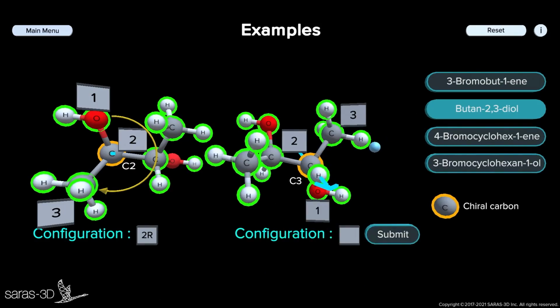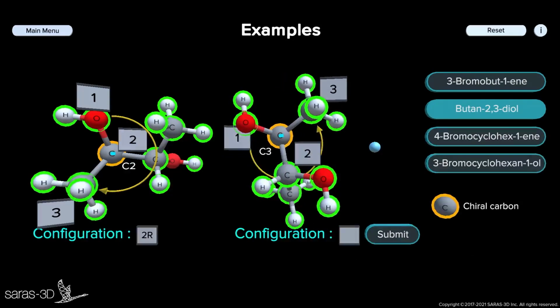Viewing the molecule from the opposite side of the least priority group, we can see that our eye rotates in an anti-clockwise direction. So the configuration of the third carbon is S. So this molecule can be said 2R,3S butane-2,3-diol.